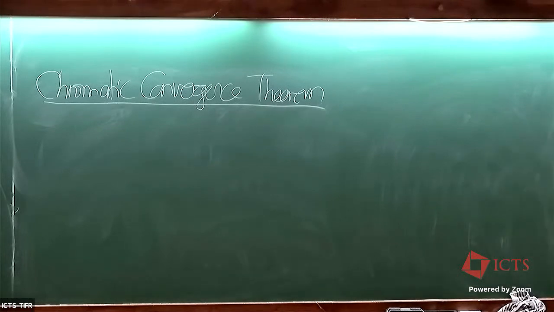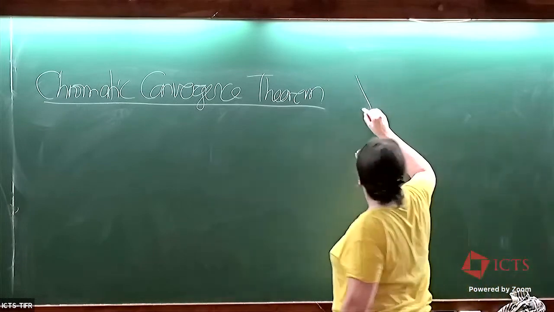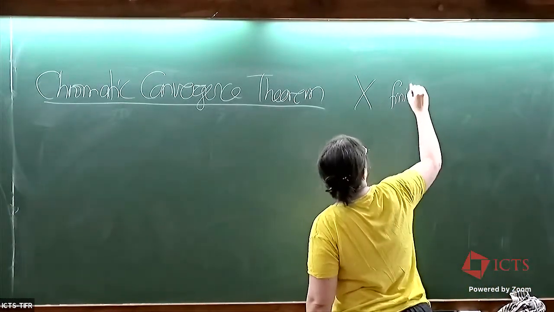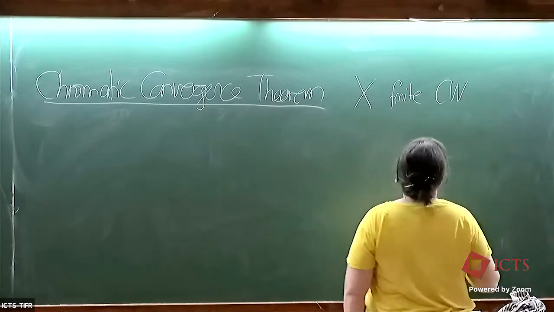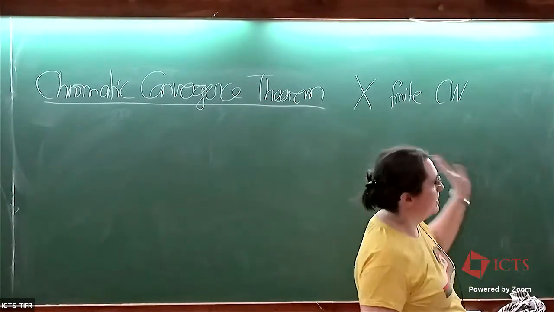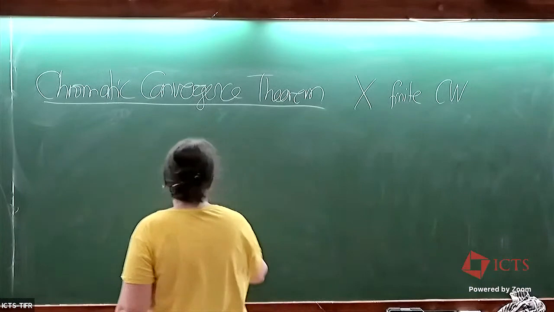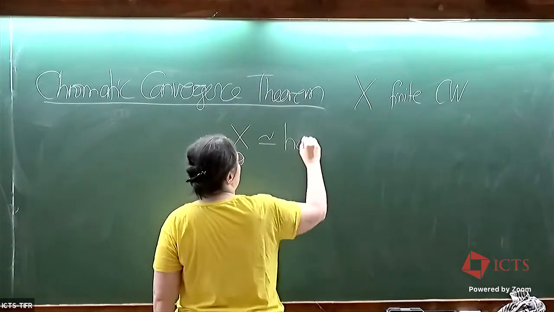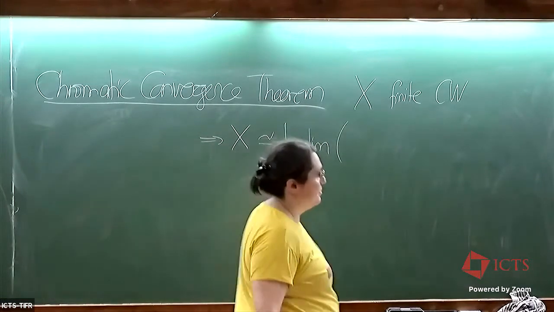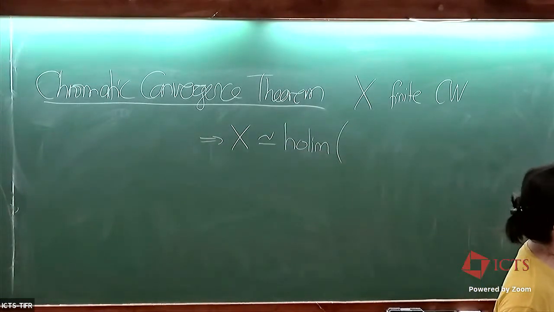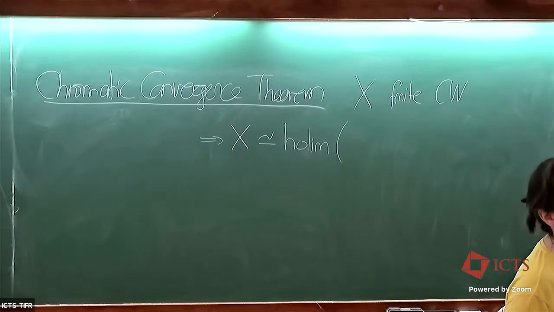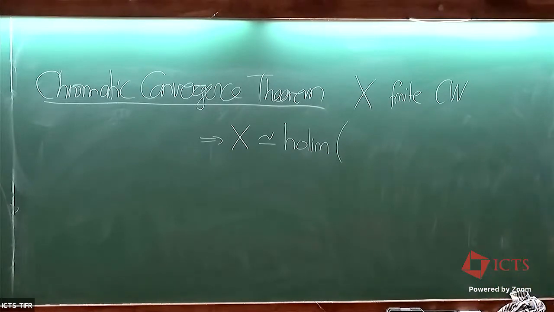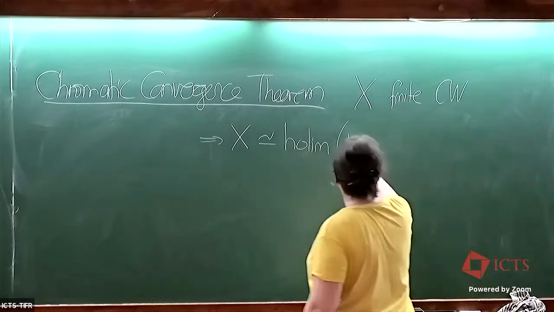So if I take X to be a finite p-local spectrum, still p-local, I'm still assuming that everything I do is p-local, then X is weakly equivalent to the homotopy limit of applying all the En localizations to my X, getting a tower from these natural transformations, and then I can take the homotopy limit of that.